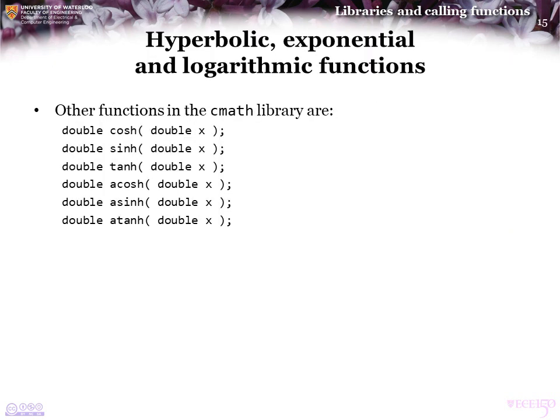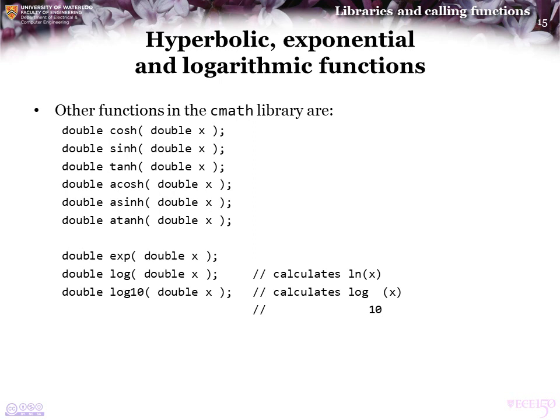There are other functions in the standard C math library, including the hyperbolic functions, the exponential and logarithmic functions. However, whereas in calculus you refer to ln of x for the natural logarithm, in almost all math libraries, almost universally, the log function calculates the natural logarithm.